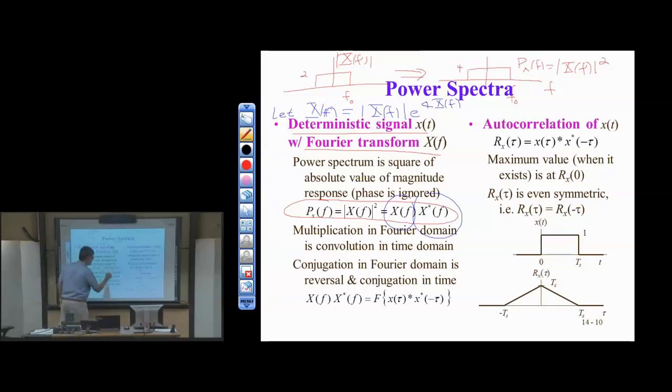So this product of capital X of f times its conjugate is just another way of saying I want the absolute value of X of f squared.